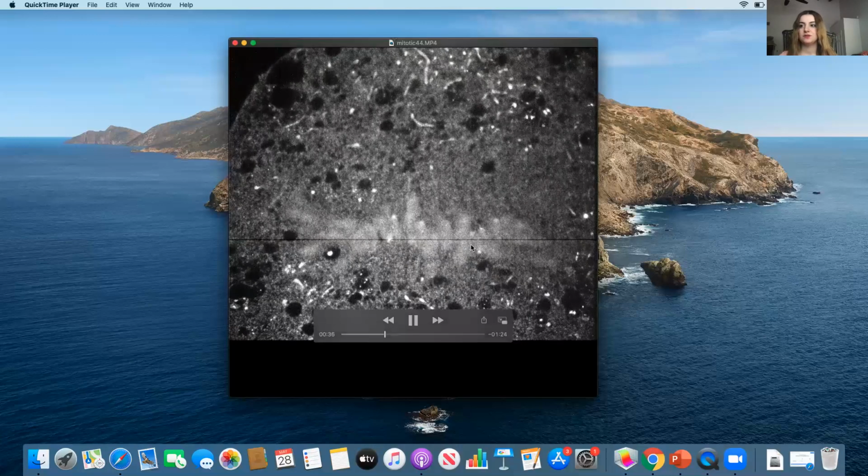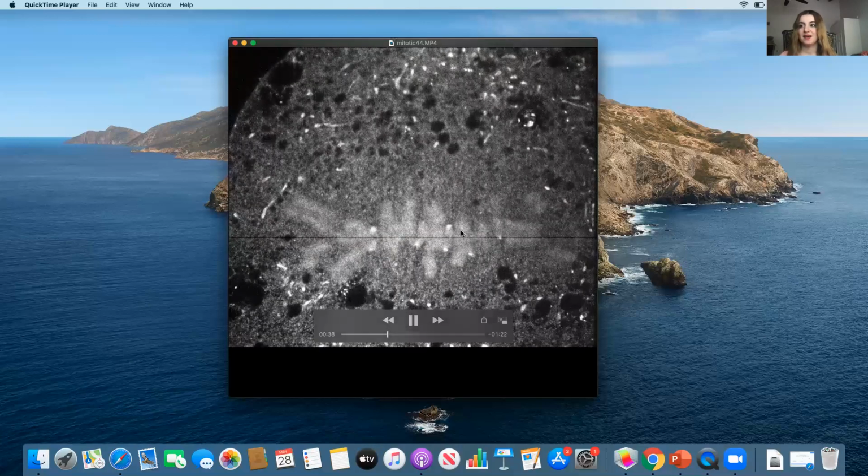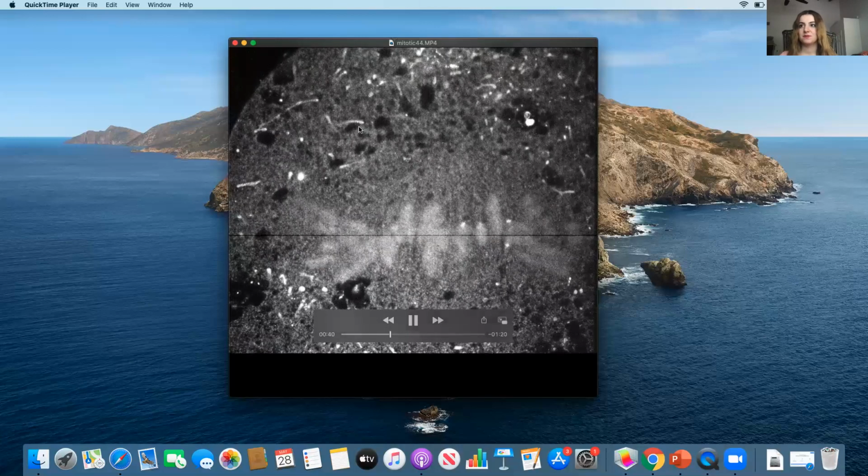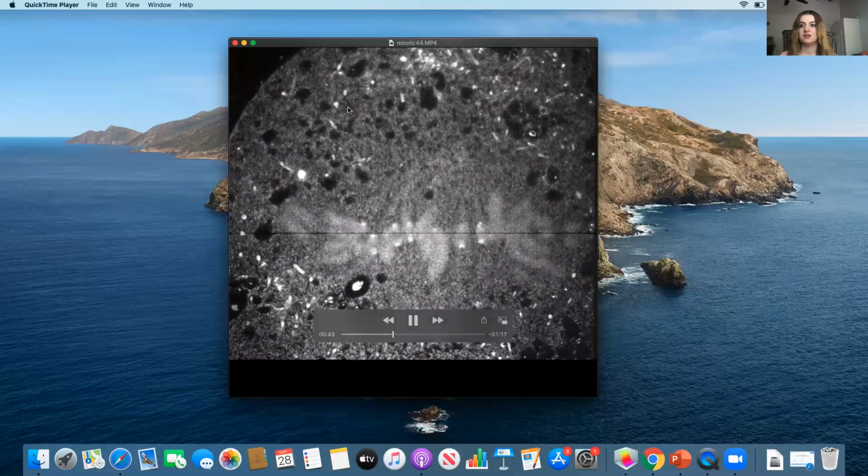So here you see chromosomes and kinetochores. These very bright structures are mitochondria.